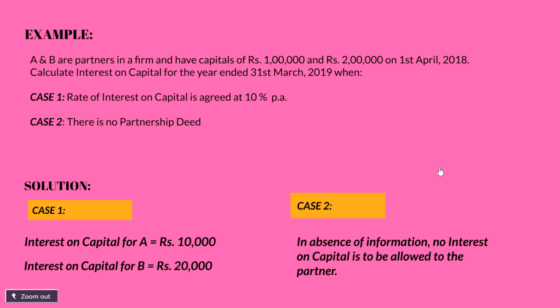We need to allow it for the whole year, and consequently interest on capital for A is 10,000, whereas interest on capital for B, 2 lakh into 10% for the full year is equal to rupees 20,000. And in case 2, since there is no information and no deed, no interest on capital is to be allowed to any partner.